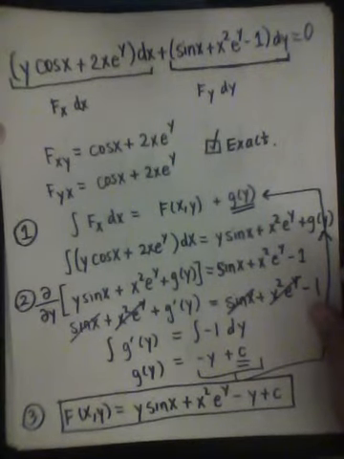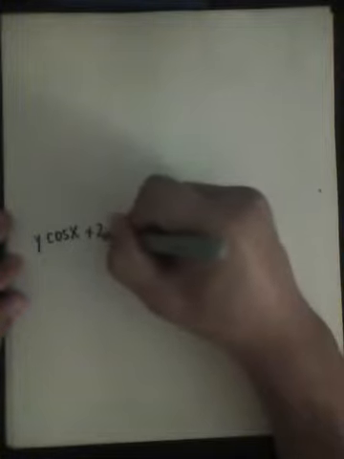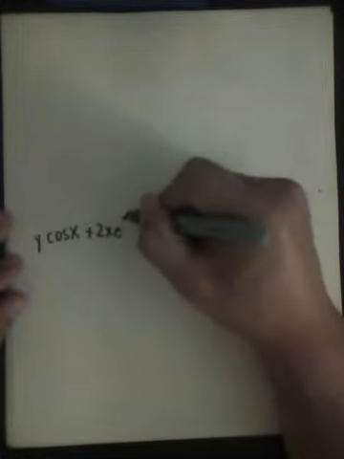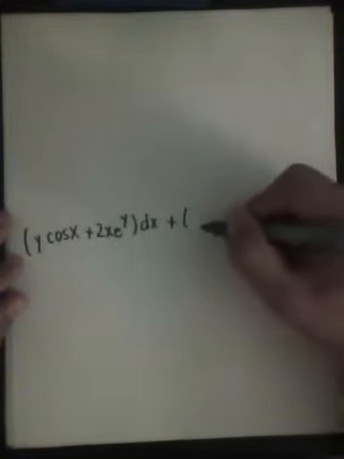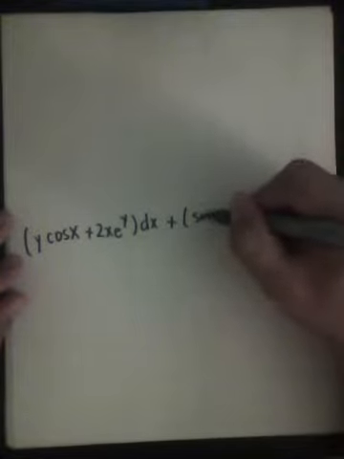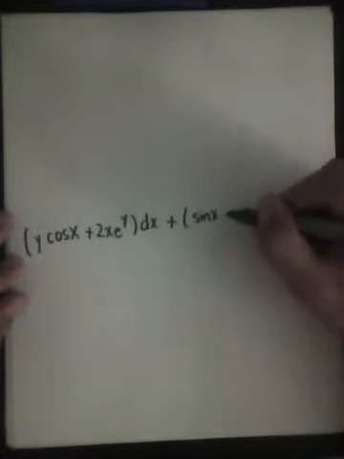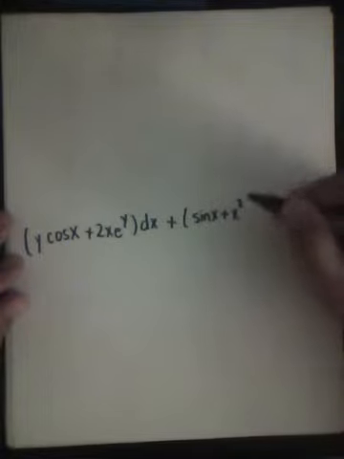So let me recap. They gave us the total derivative, y cosine x plus 2x e to the y dx plus sine x plus x squared e to the y minus 1 dy.